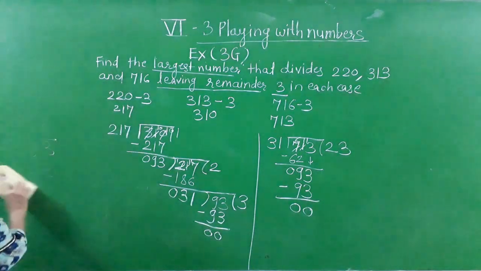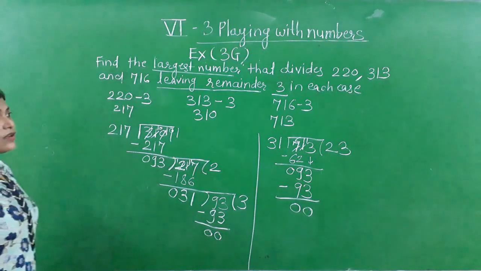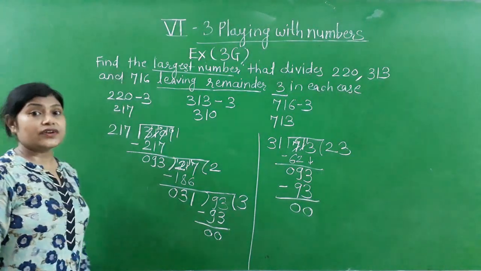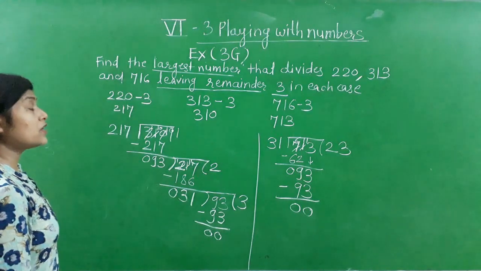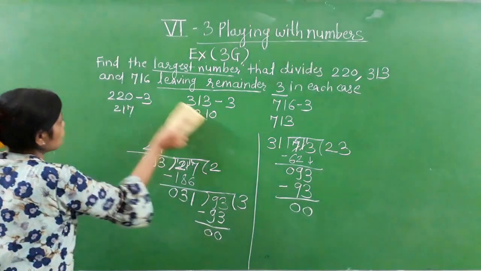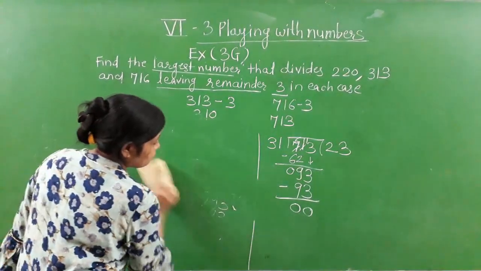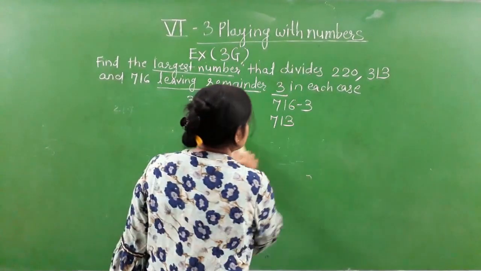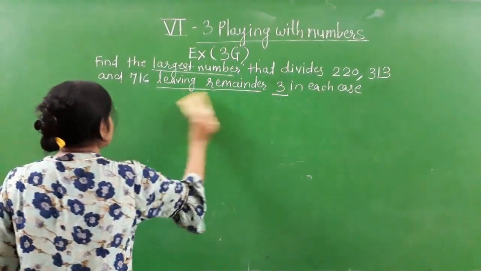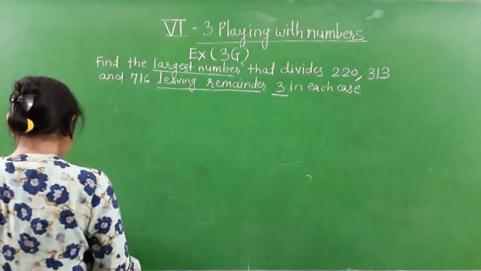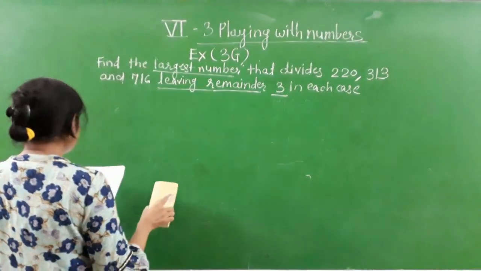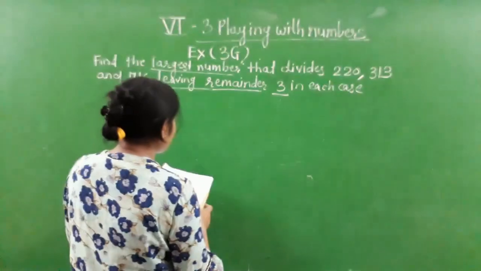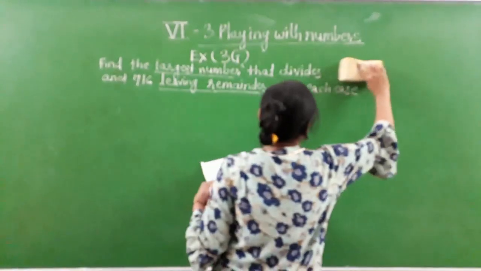Okay, we'll take one more example, such an example in which the remainder is different for each number. Okay, so find the largest number that will divide. Now the numbers I am going to change here only.